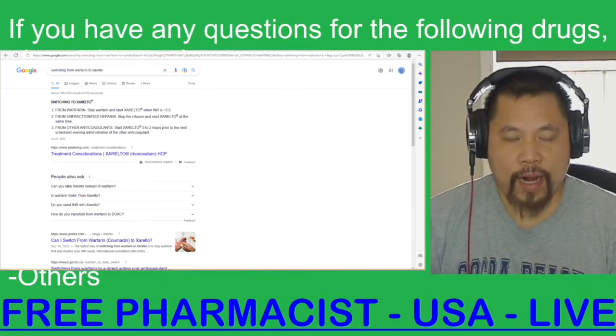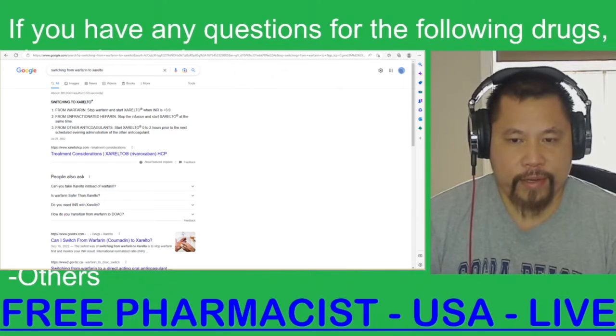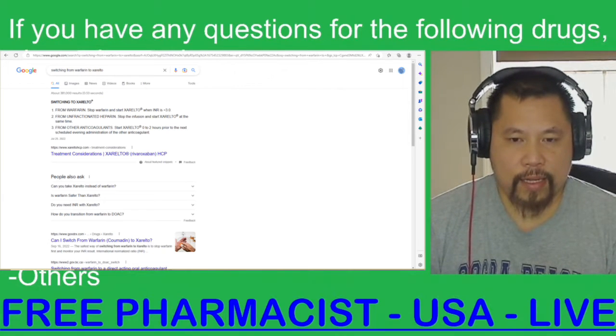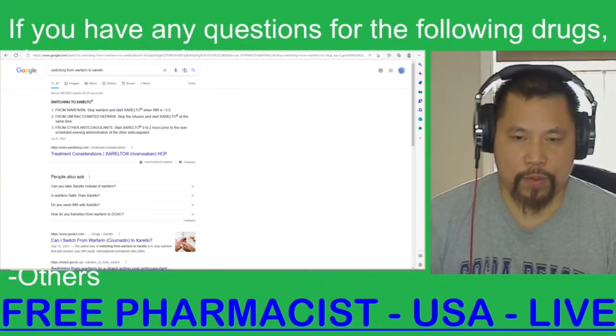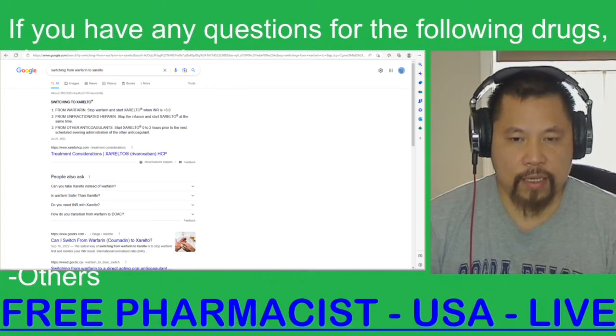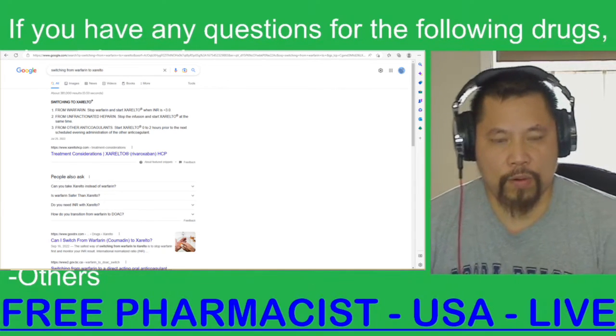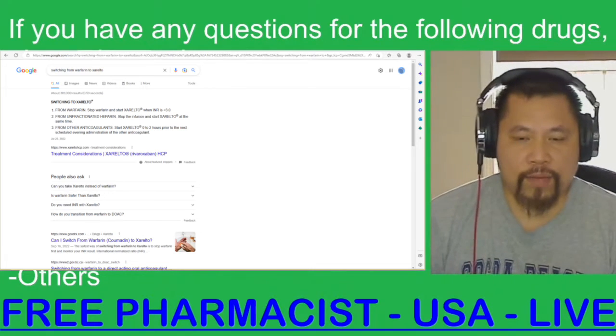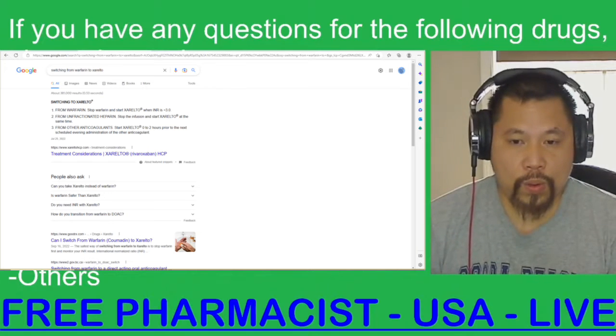When I know the INR is therapeutic, between 2 and 3, I'll say go ahead and stop the warfarin for tonight and start the Xarelto tomorrow. And how about if the INR is too low?